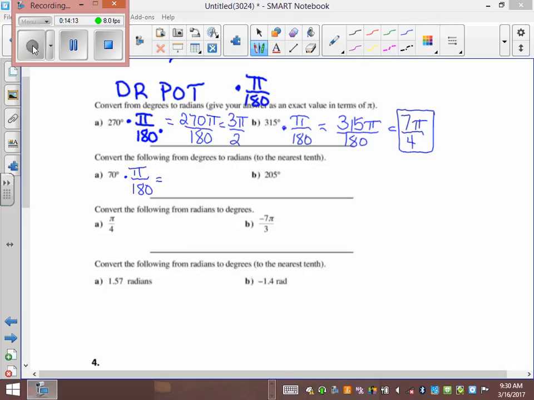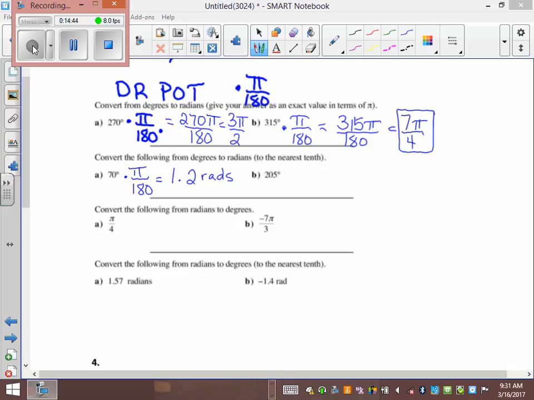So if I want the nearest tenth, I'm going to actually just put it into my calculator. I'm going to go 70 times pi divided by 180. And you get 1.2. And I could put rads behind it.